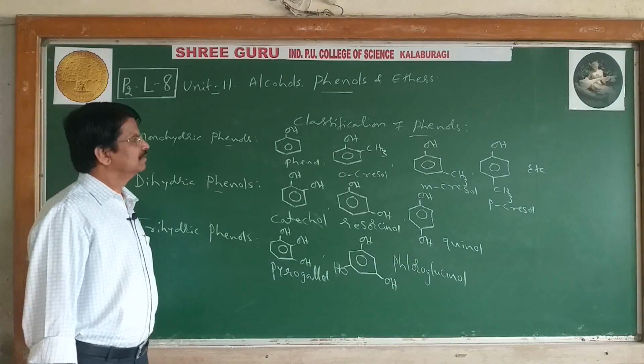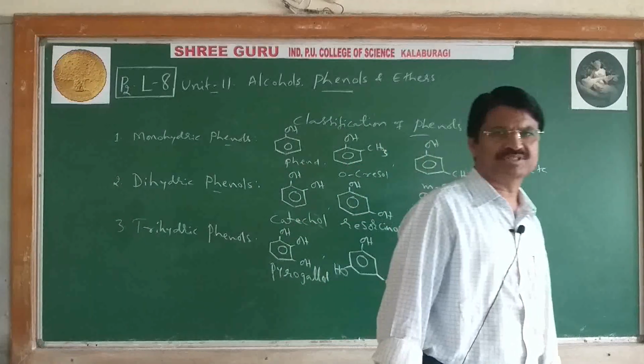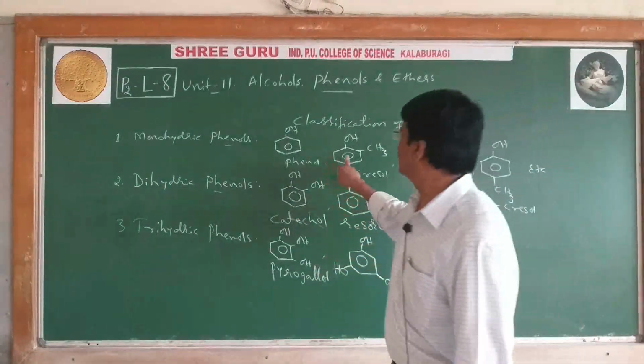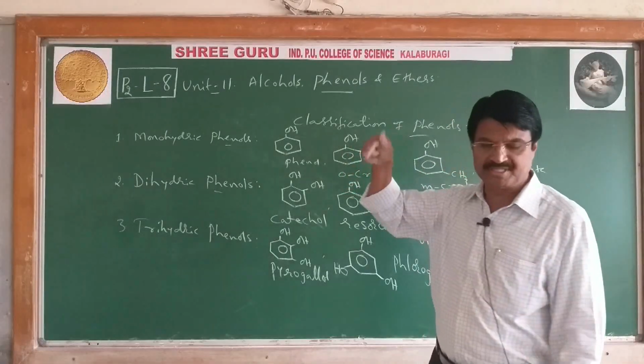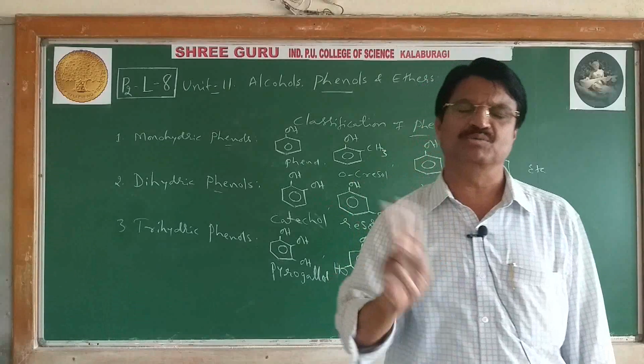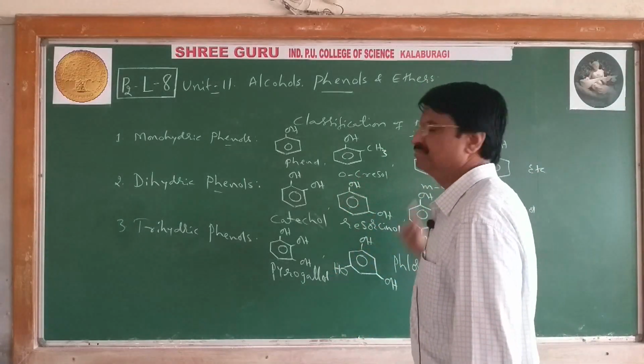Then nomenclature. For aromatic compounds, if the molecule contains two groups on the benzene ring, not more than two, then we can use the words ortho, meta, para.